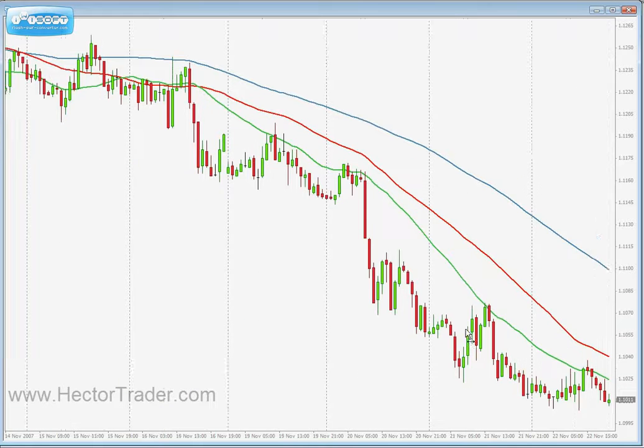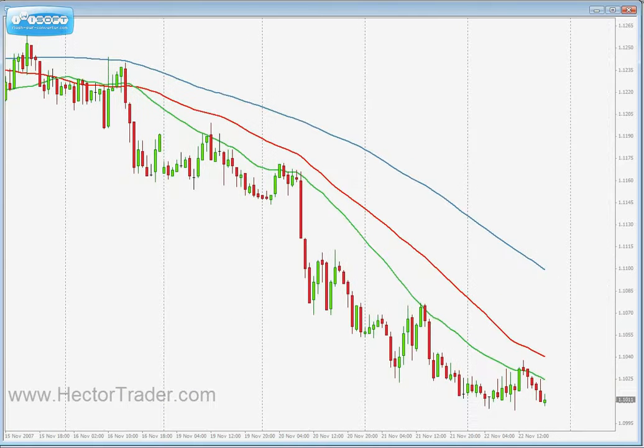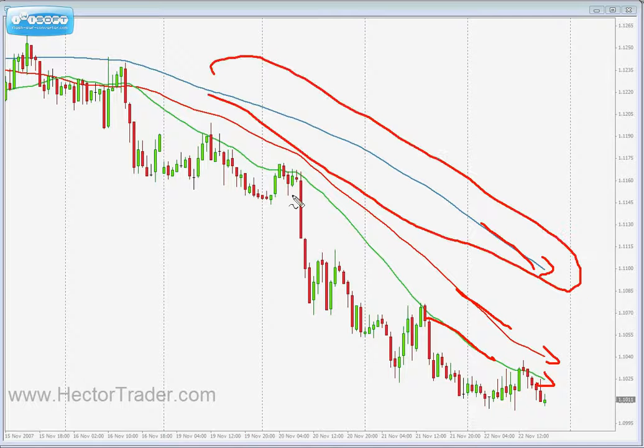As we saw in the first video of this trading course, a trending currency pair is one that shows my three main moving averages, the 30, 50 and 100, all of them in order, all of them parallel to each other, price nowhere near the 100, price spending most of the time on the right side of the 50, etc.